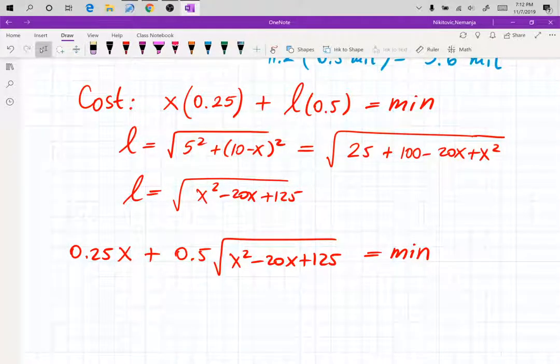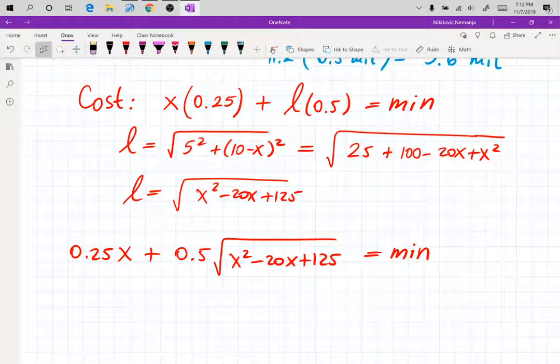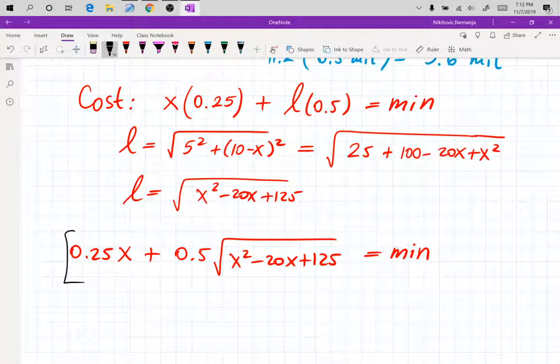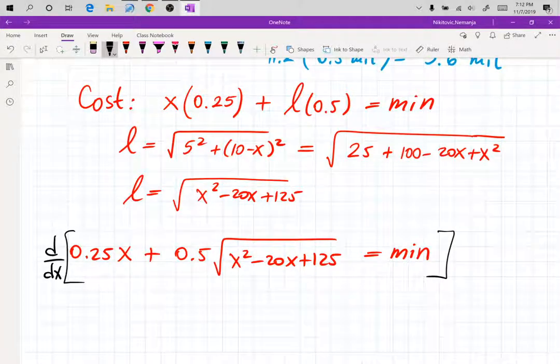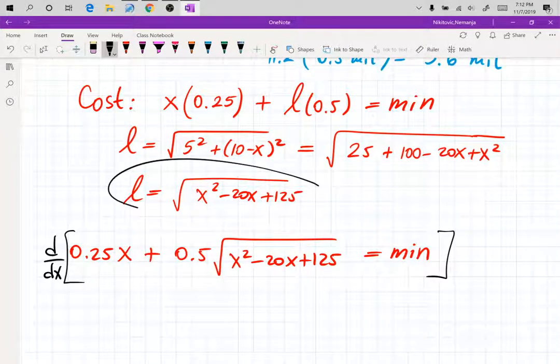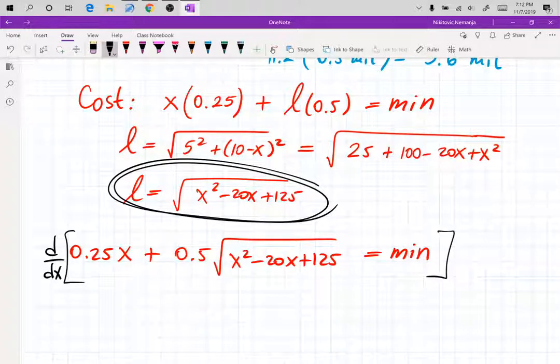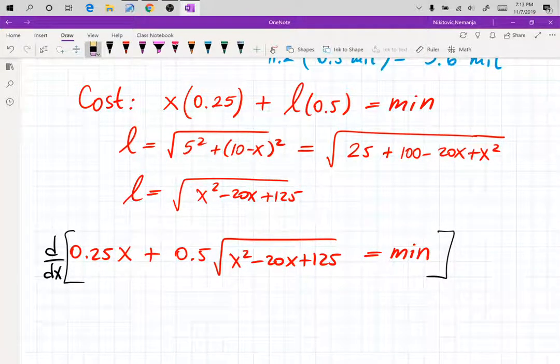All we need to do is differentiate, and that will give us the distance x. Then you can use the L equation to calculate L, and you will have the distance on the ground and the distance underwater to have minimum cost.